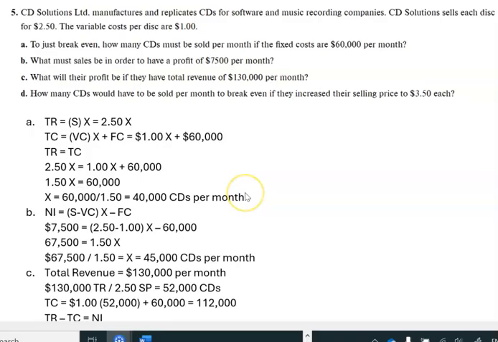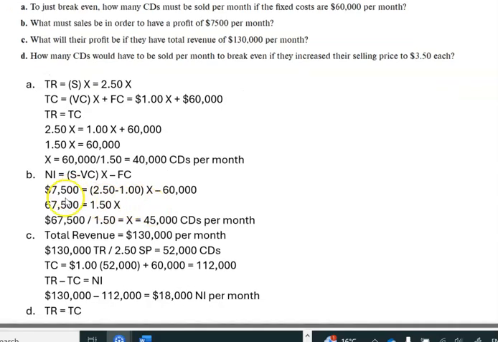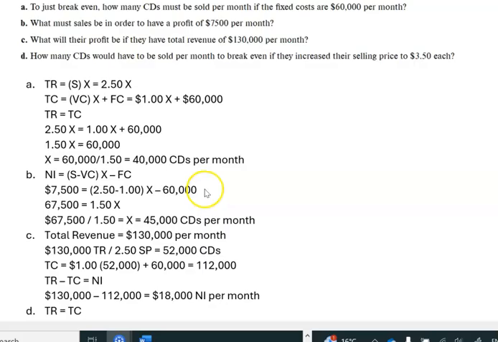What must sales be in order to have a profit of $7,500 per month? Okay, so again, we're going to use our net income equals selling minus variable, multiply that by x, minus our fixed cost. And we know our net income is $7,500. So we're going to solve our equation. We want to get rid of the negative 60,000 on this side, so we're going to add it to the other side.